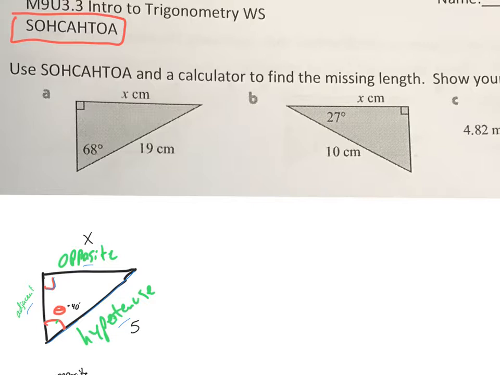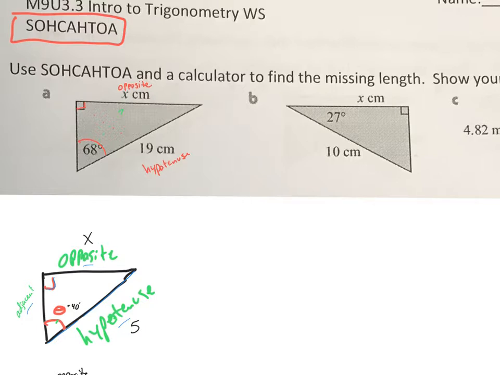So this angle is the one that we're talking about, and two of the three sides are involved. This is the 90-degree angle, so the side across from that is the hypotenuse. And the side across from the angle itself, we're going to call the opposite.